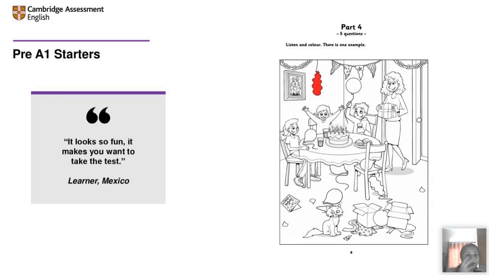The mother had a blue package with her. So these are all statements which would be given in the listening exercises, and coloring pencils and coloring tools would be given, and the candidate just has to listen and color.